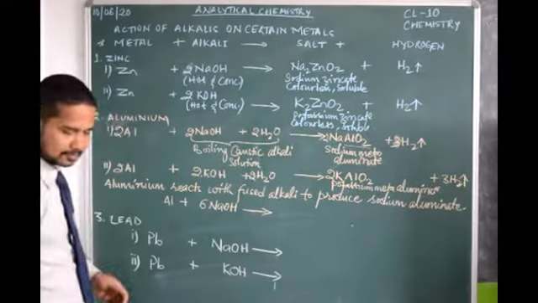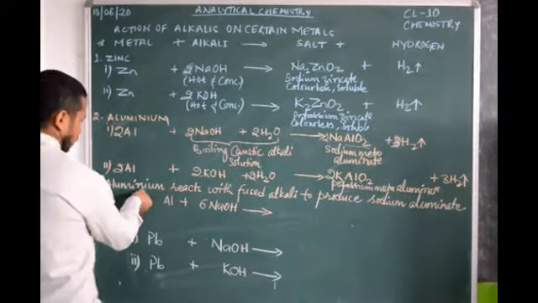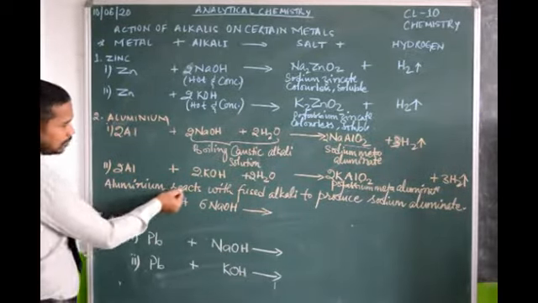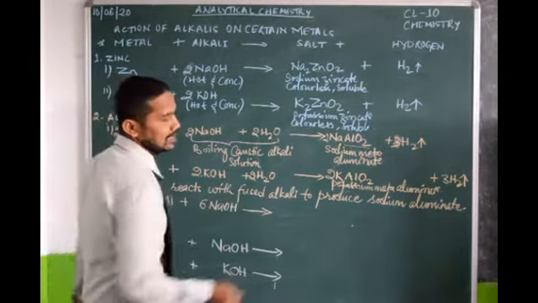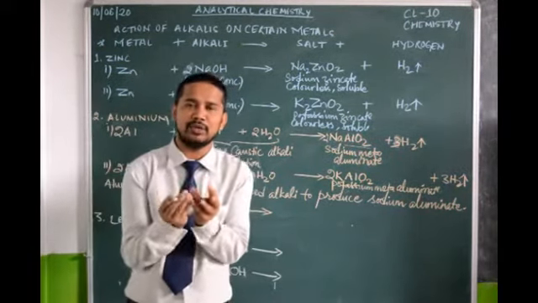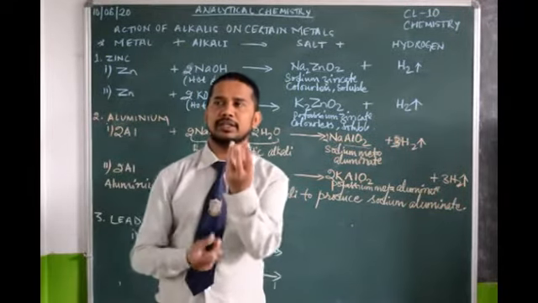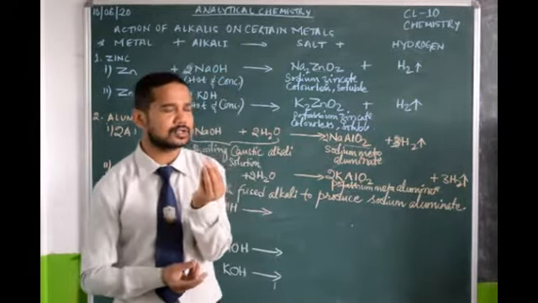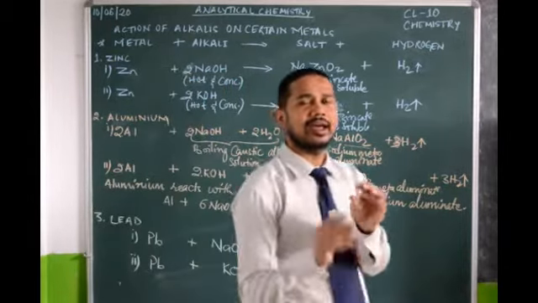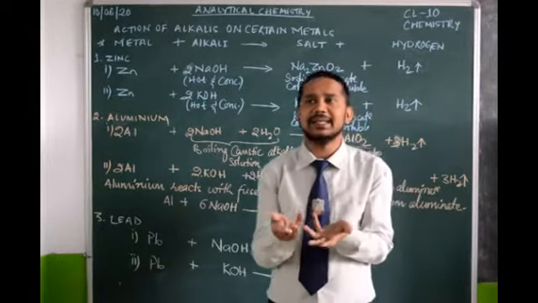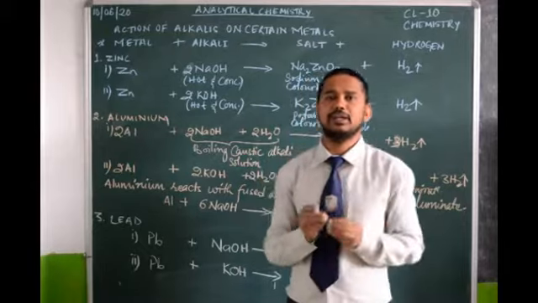Similarly, aluminium also reacts with fused alkali. Fused alkali means when you keep the alkali in a porcelain dish and heat it, it will melt.